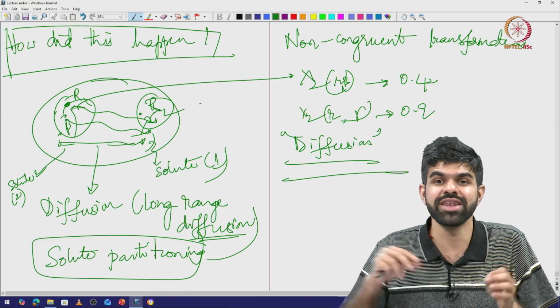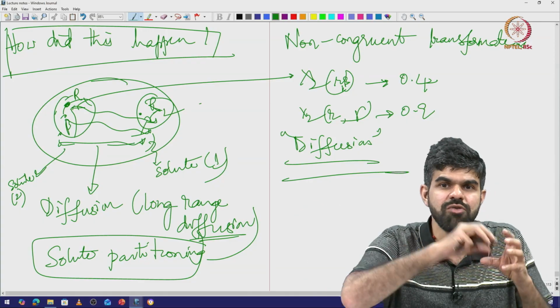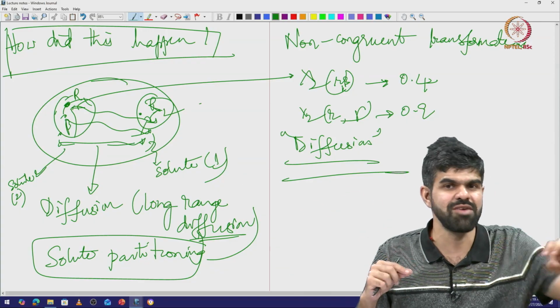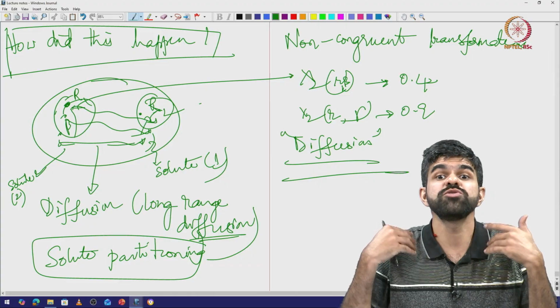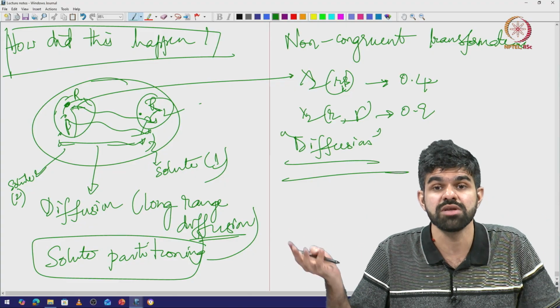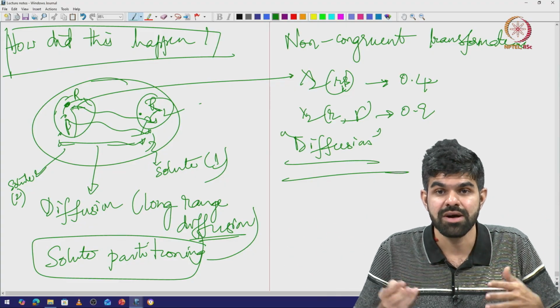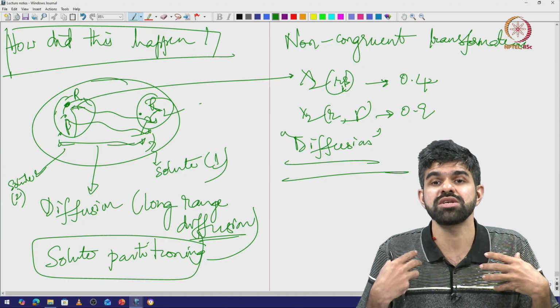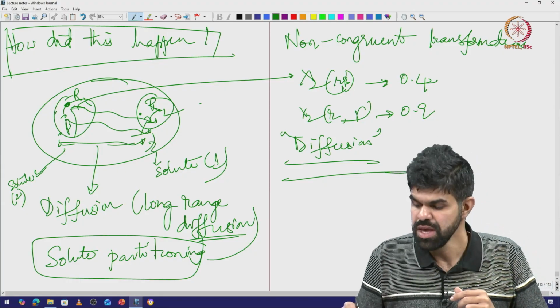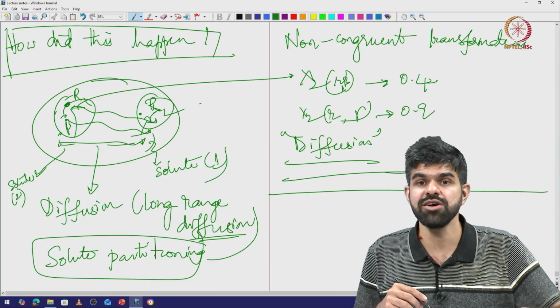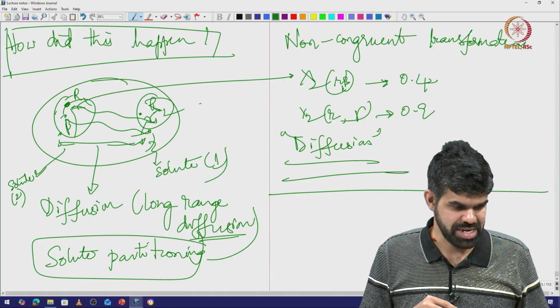So, via long range diffusion, 2 is going from one region to another region, 1 is coming from one region to another region. So, diffusion is very important. You can see diffusion happen in many places, but diffusion turns out to be very important here. Okay. All right. So, that is the idea of what is called solute partitioning.